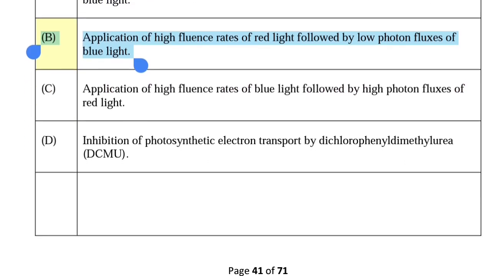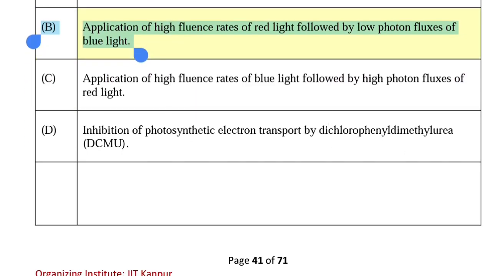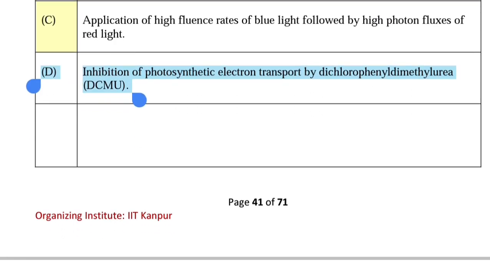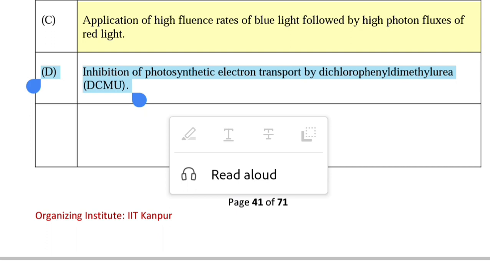B. Application of high fluence rates of red light followed by low photon fluxes of blue light. C. Application of high fluence rates of blue light followed by high photon fluxes of red light. D. Inhibition of photosynthetic electron transport by dichlorophenyldimethylurea (DCMU).